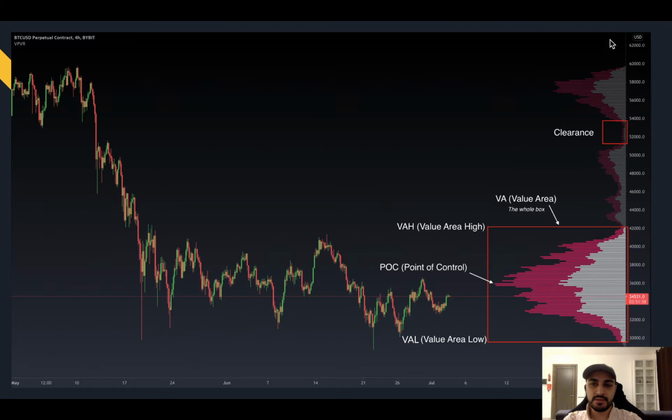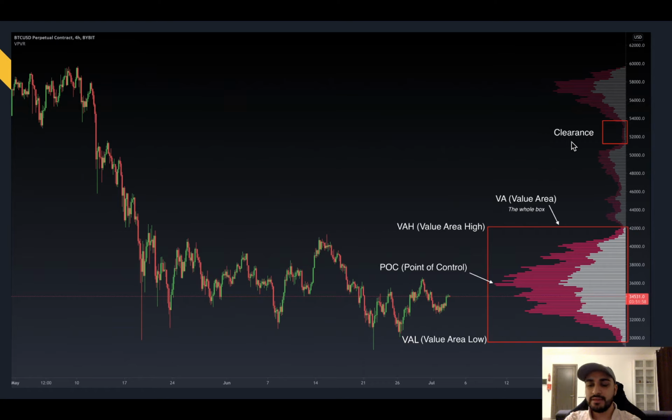But if there was no transaction, price might create another clearance and just break out. Or here it might break down, creating another clearance. Or it might come here and when no one is selling, it goes back up. If there are a lot of sells when it comes here, then it goes down. But if there's no selling, it goes back up.